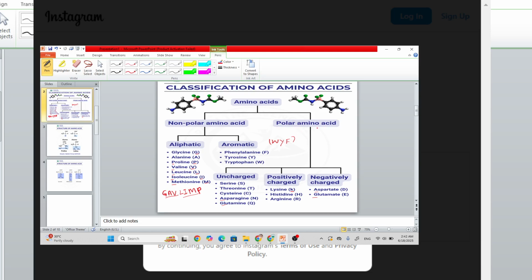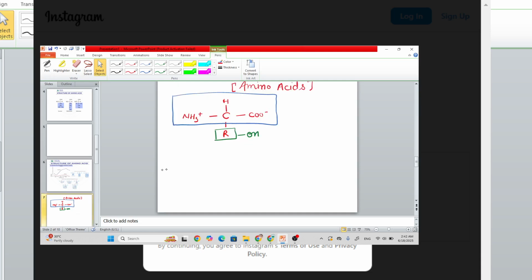The second is polar amino acids. Polar amino acids are divided into three groups: uncharged, positively charged, and negatively charged. Those that do not contain any charge are known as polar uncharged, those that contain a positive charge are known as positively charged amino acids, and these are negatively charged amino acids. If the R chain contains a positive charge, it is a positively charged amino acid.